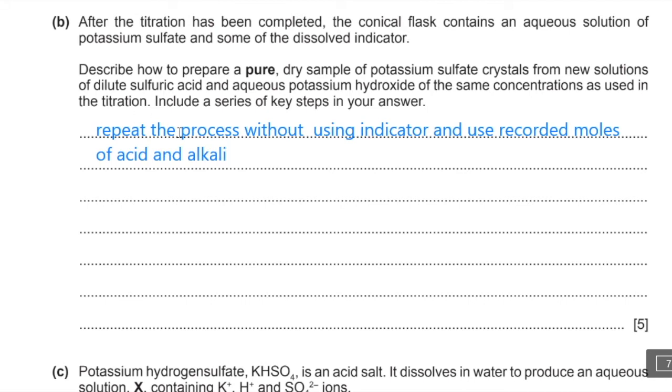So we already had a measured volume of alkali, the potassium hydroxide, and after titration the volume of acid was also known. And now you heat it so that crystals can form.